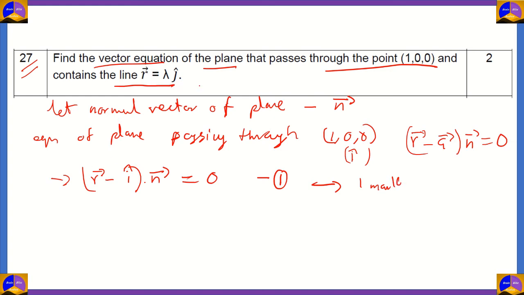Now, remember that in the question, the plane contains the line r bar equals lambda j cap. So the line r bar equals lambda j cap is perpendicular to the normal vector of the plane.